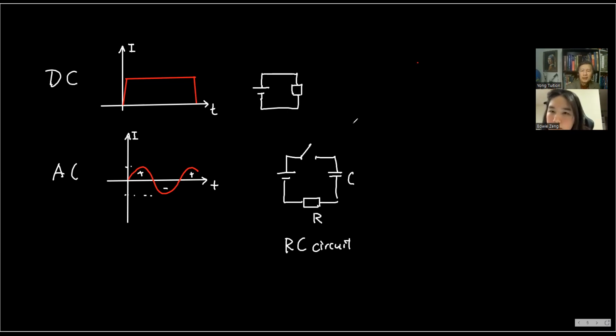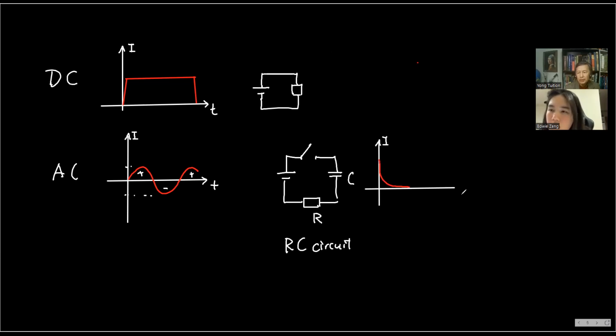In this case, in general, the current becomes time dependent. So if you switch on, the current will go from very high to zero in a very short time. It is called a transient.